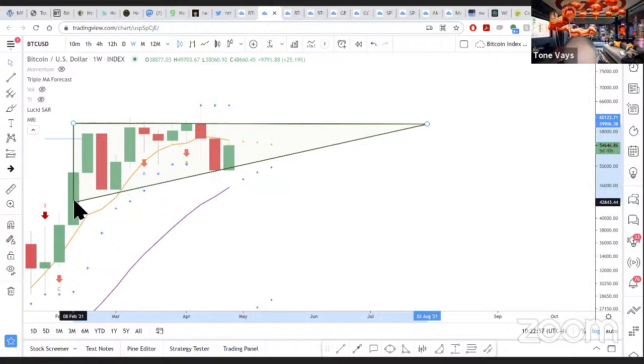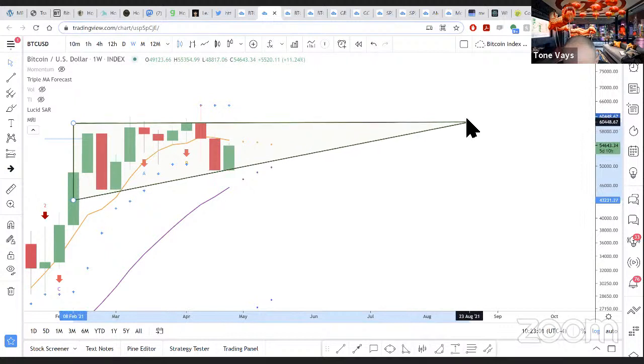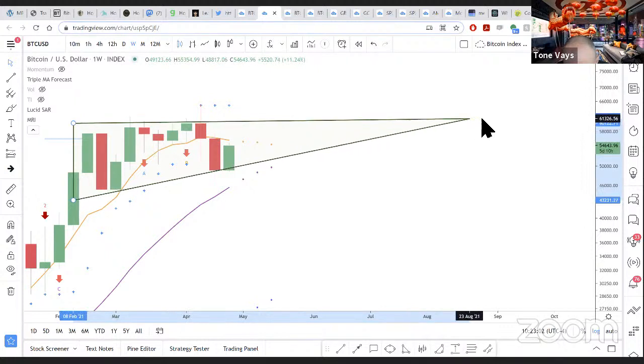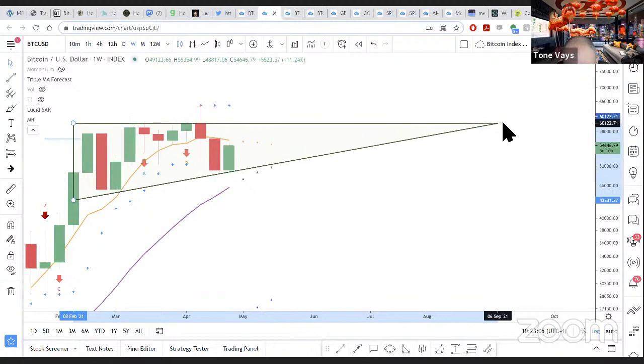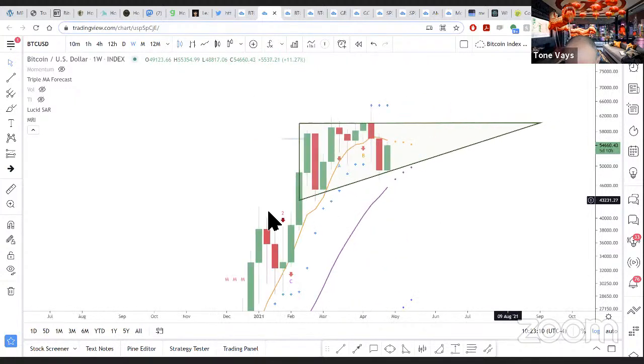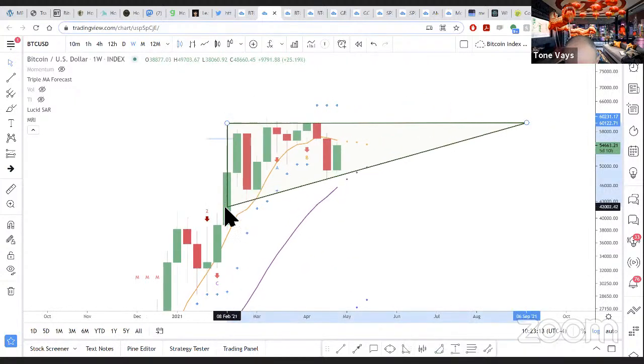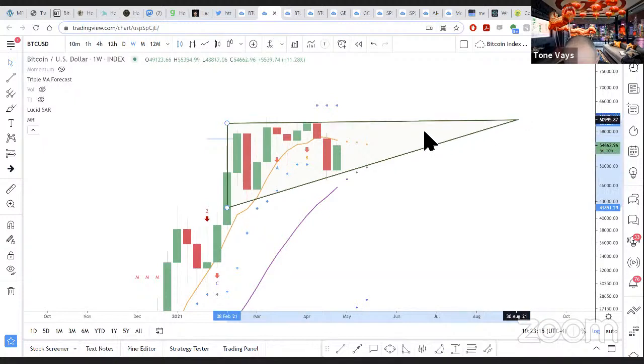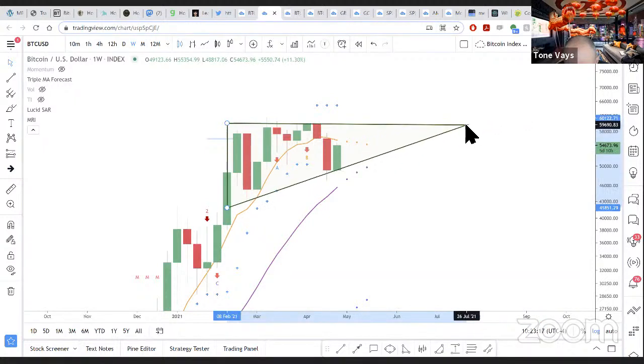I can even touch another candle. I can even touch both of those candles and extend this a little bit. I don't know, it's stretching it a little too much. I'd rather just do this and then tighten it up like that. Perfect. See, I can still kind of fudge this triangle, not how I wanted to do it, but it's doable.